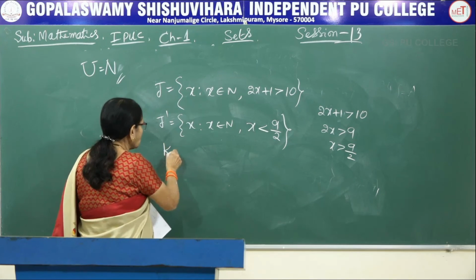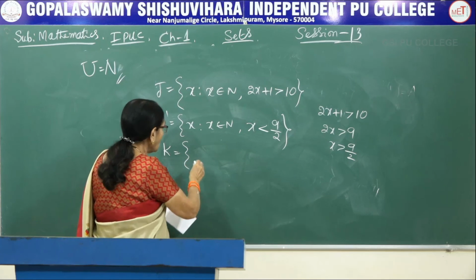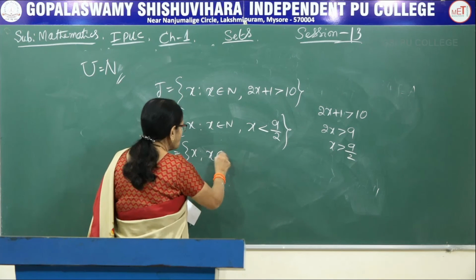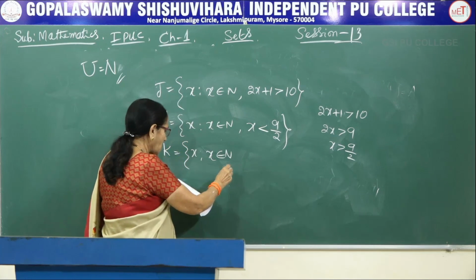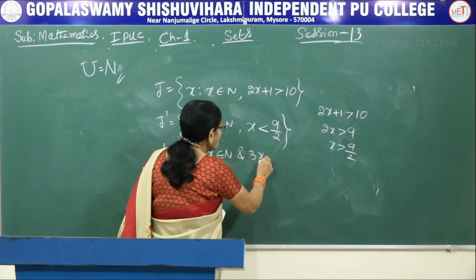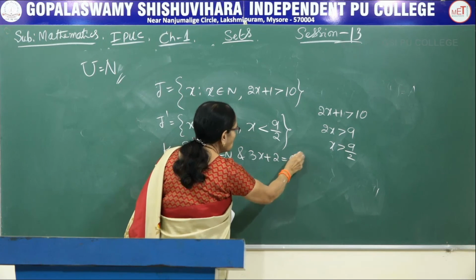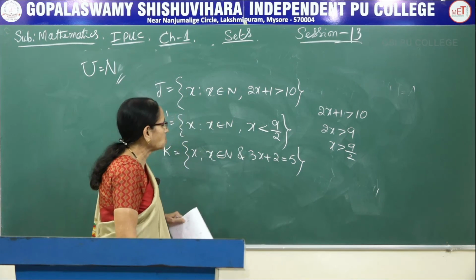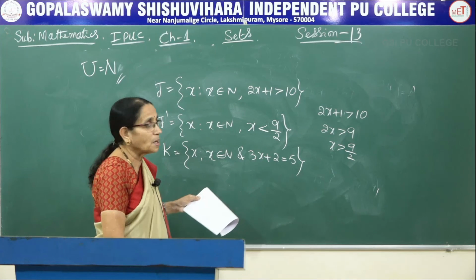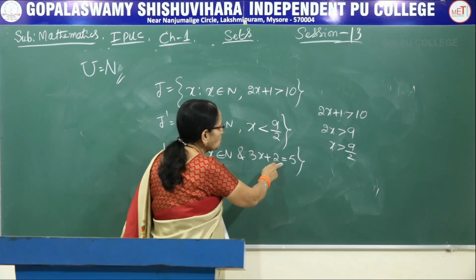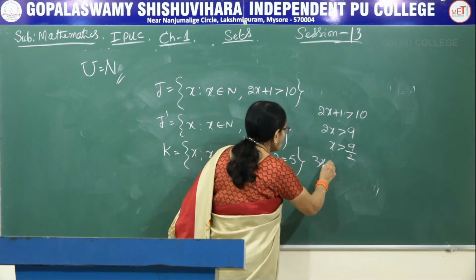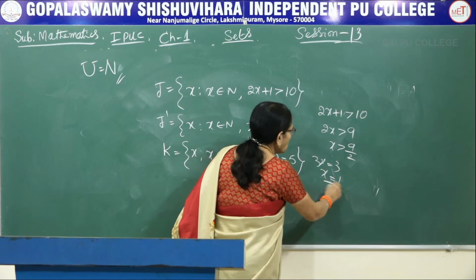Now one more set, say set K containing all x such that x belongs to N and 3x plus 2 is equal to 5. It's a very simple equation I have given. 3x plus 2 equal to 5 means 3x is equal to 3, x is equal to 1.